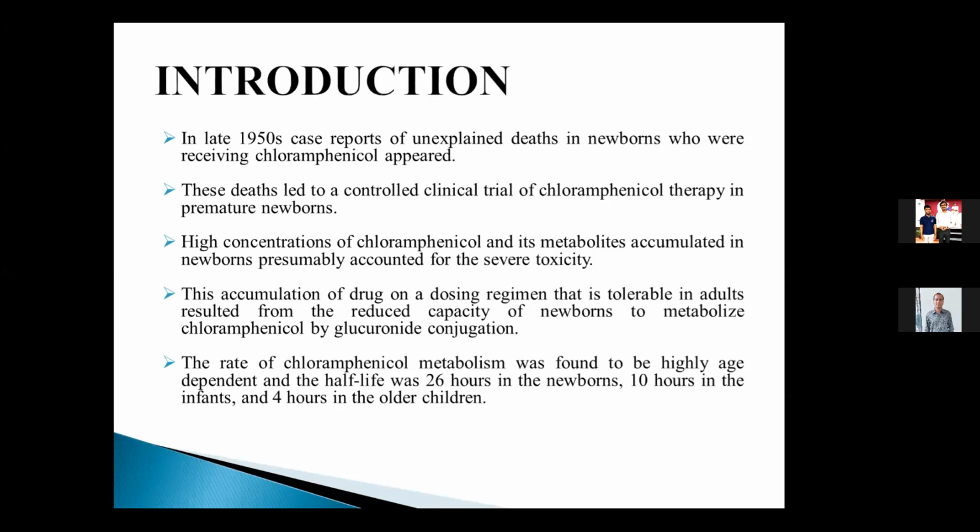This accumulation on a dosing regimen that is tolerable in adults resulted from the reduced capacity of the newborn to metabolize chloramphenicol by glucuronide conjugation. The rate of chloramphenicol metabolism was found to be highly age dependent, and half-life was 26 hours in the newborn, 10 hours in the infant, and 4 hours in older children.